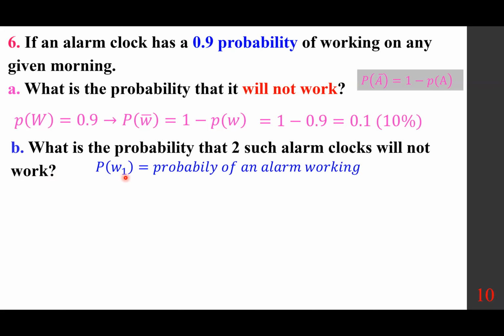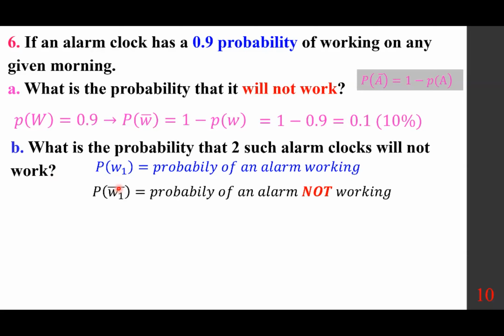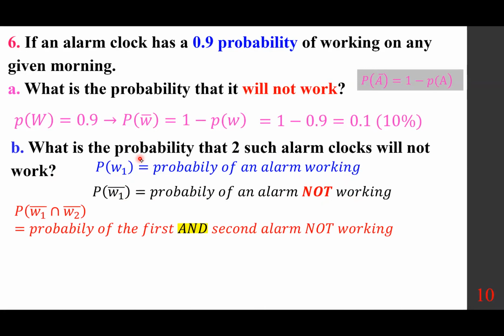Probability of W sub 1, that means the first one working, and the probability of the first one not working. Those are the symbols that we use. The probability of the intersection, the first and second alarm not working. We assume independence, and it's the product.